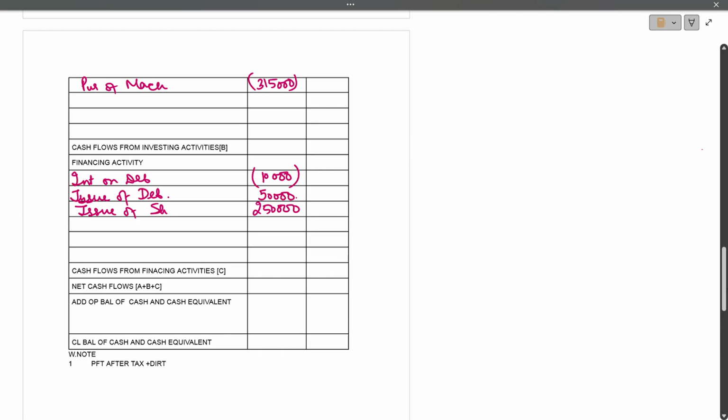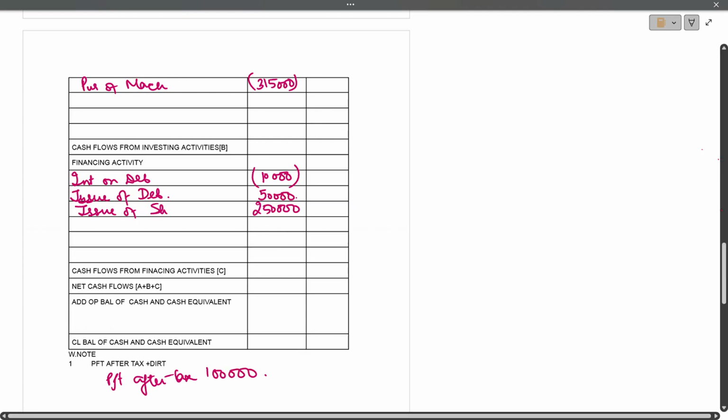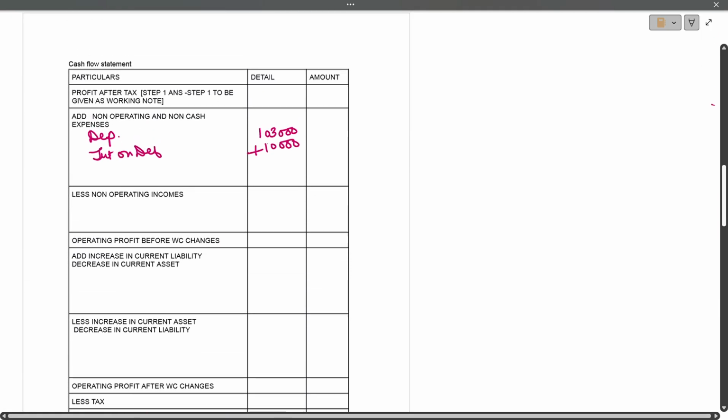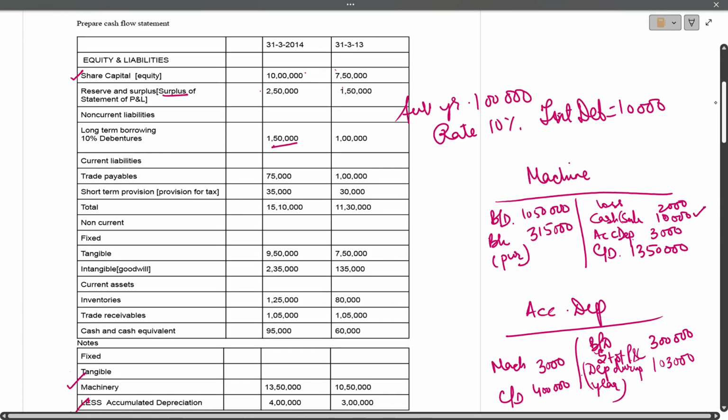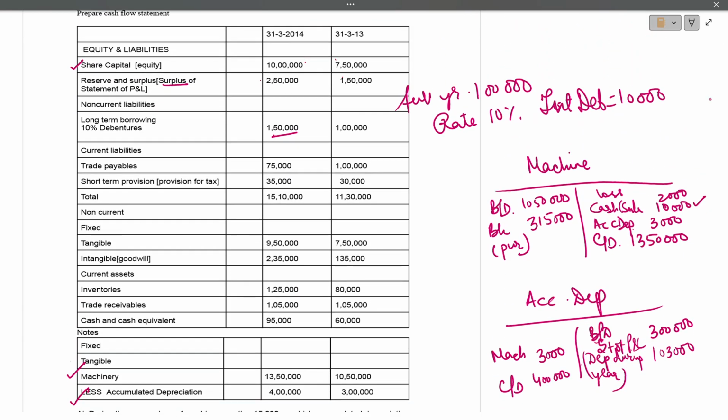Profit after tax is 1 lakh. We need to calculate profit before tax by treating for debt, as we have already discussed. We have treated this, already posted.